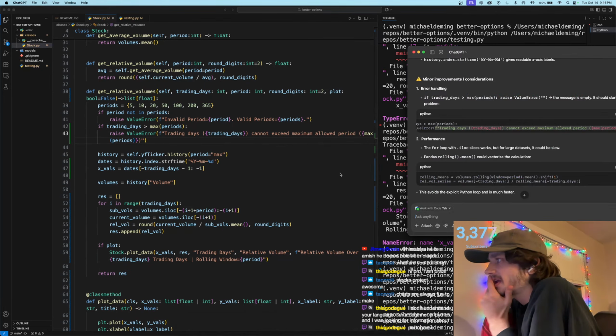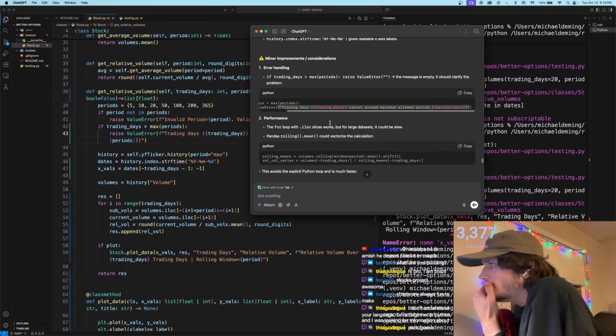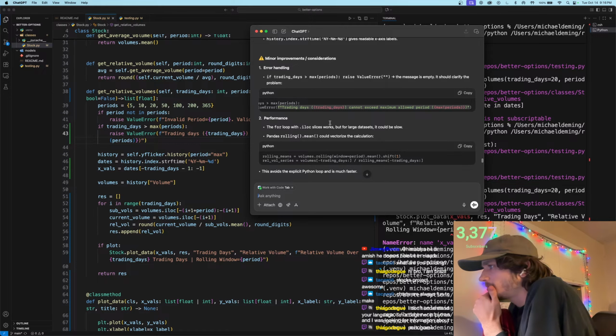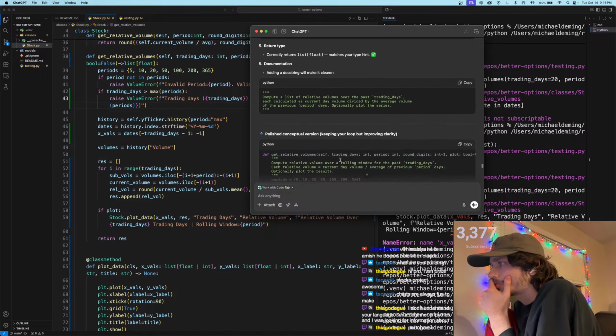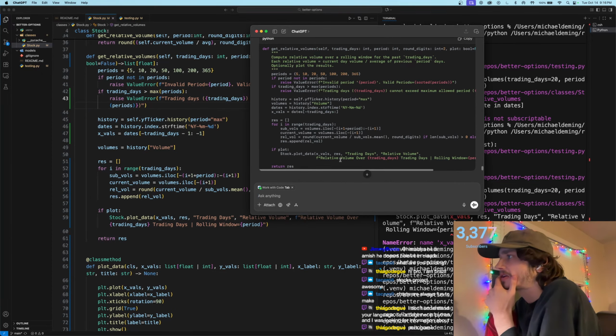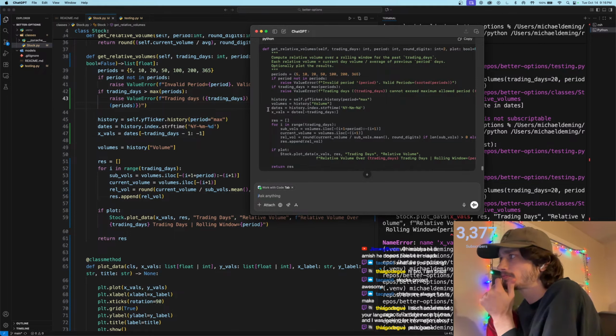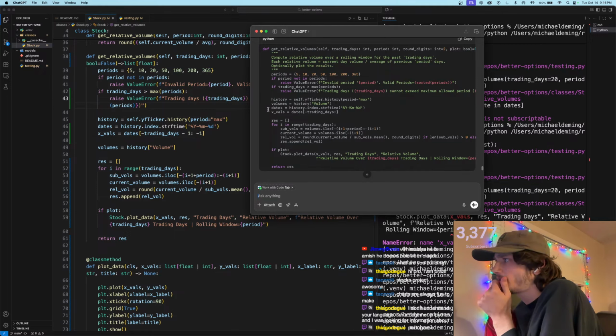Okay, and then the for loop with iloc slices works, but for large datasets it could be slow. Pandas rolling.mean could vectorize the calculation. So it would look something like this, where you would do history volumes. Dates is equal to history.index strftime.